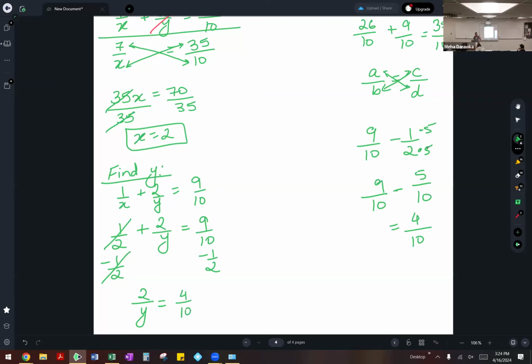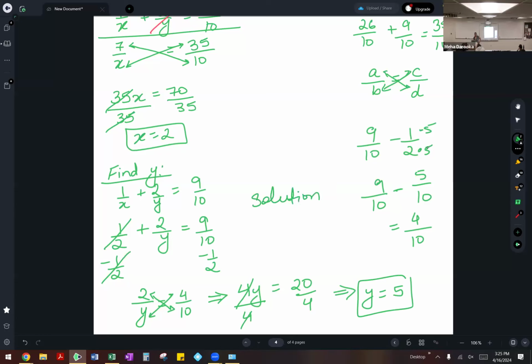It's a proportion, 2/y is 4/10, so do cross product again, which will give us 4y is equal to 20. Divide both sides by 4, and y equals 5. So our solution set would be over there.